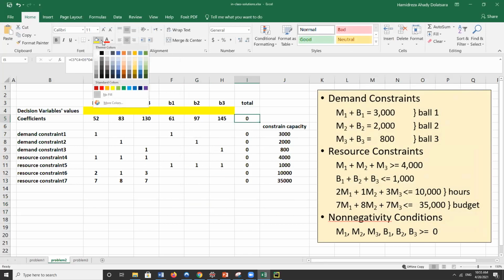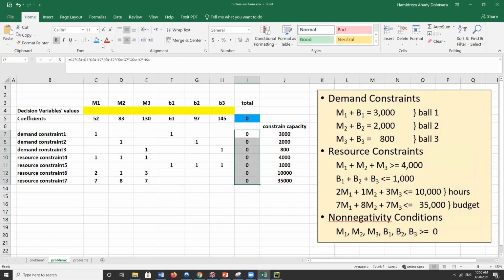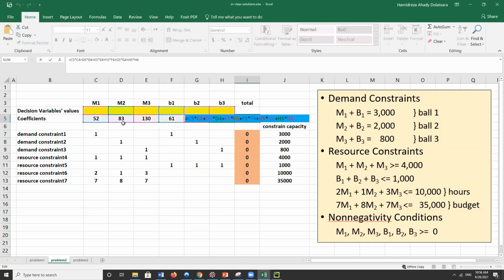This blue one is my objective function, and these orange ones change based on the amount of decision variables. For the objective function, it just means the coefficients multiplied by the decision variables.